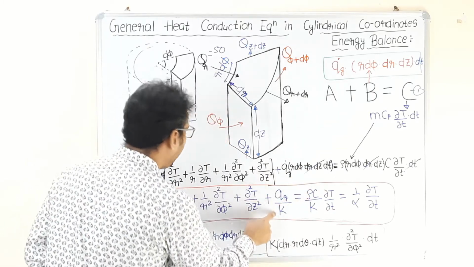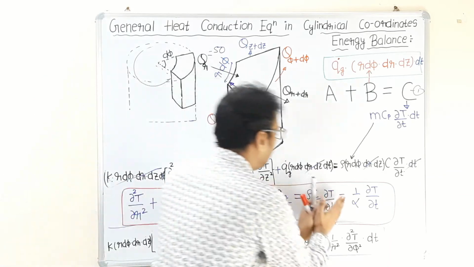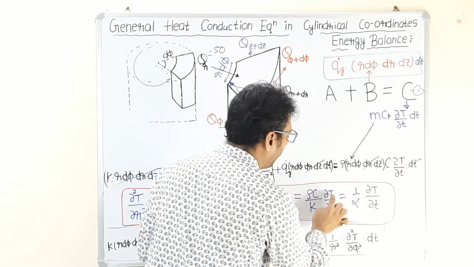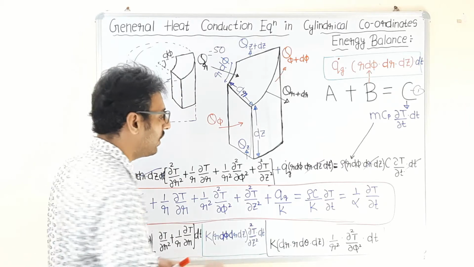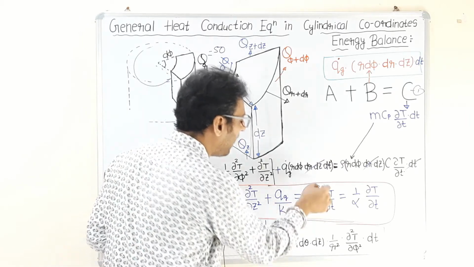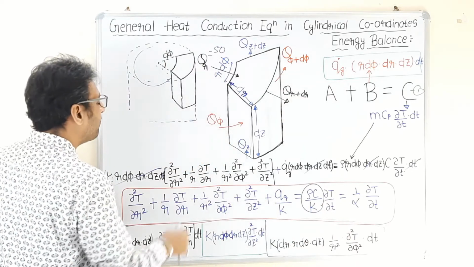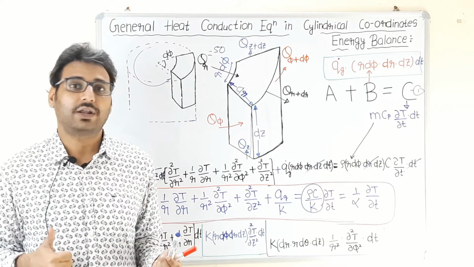So q̇_G will be divided by k, and this k will be shifted to the right hand side, and in this way ρc ∂T/∂τ will be divided by k. As we already know, k/ρc is α, so ρc/k will be 1/α. Now this is our final general heat conduction equation in cylindrical coordinates.